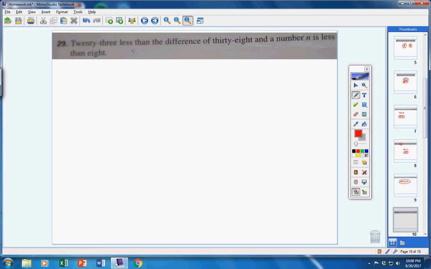Well, 23 less means you're subtracting what? 23. What are you subtracting 23 from? A difference. So put a parentheses, because you're not subtracting 23 from a number or from a variable, a letter. You're subtracting 23 from a difference. So it's 23 less than a difference.